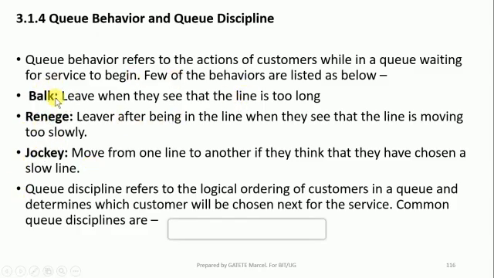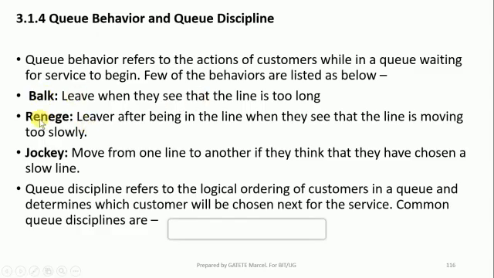They can balk. It means they leave the queue when they see that the queue line is too long. For example, you can have a queue of 50 people and you are at the end of the queue, which is a very big problem, so he can leave. His behavior is balking because he is going to leave the queue.